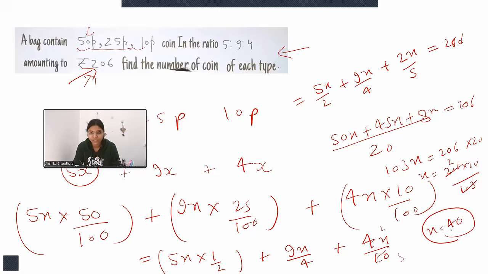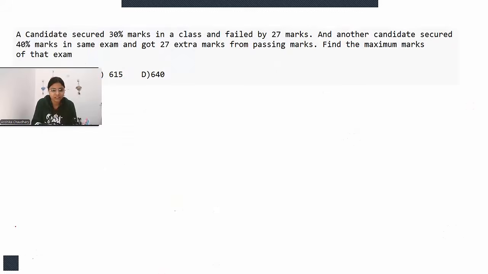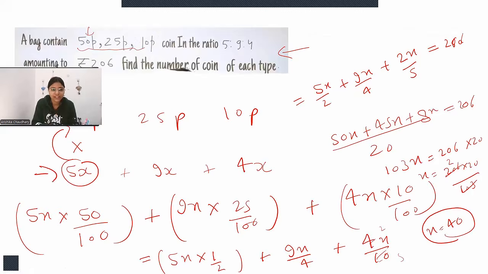Now this 40 will come here because we have the ratio in this form. So when we put this 40 here, what will we get? 5 into 40, 9 into 40, and 4 into 40.